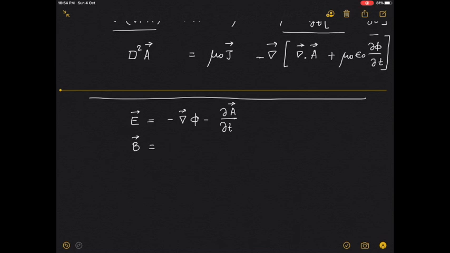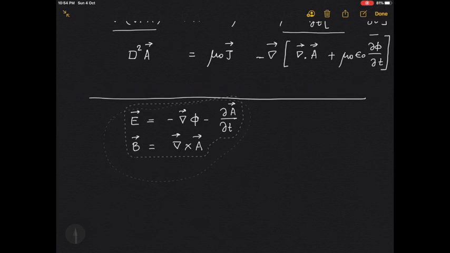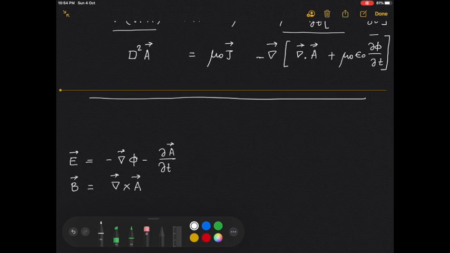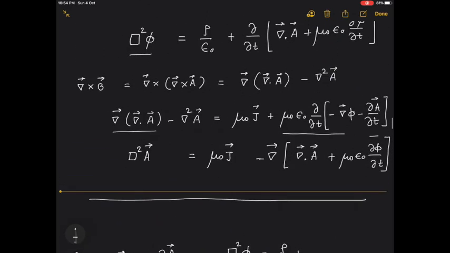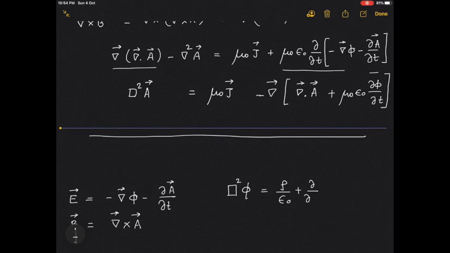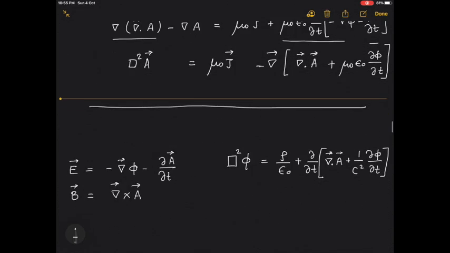We got B, which is curl of A, and we can write this together with the two inhomogeneous equations, which are box square phi is rho by epsilon naught plus del t of divergence of A plus, let me write 1 by c square for mu 0 epsilon naught. That is the equation for phi.